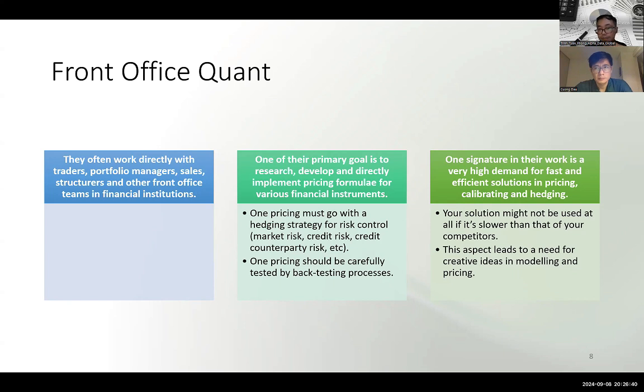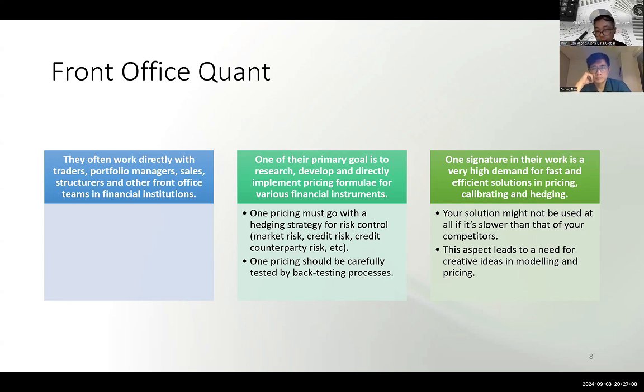with historical data, right? And one important aspect of this quant type is a very high demand for fast and efficient solutions in pricing, calibrating, and hedging. It's very common in this world that your solutions might not be used at all if it's slower than that of your competitors.